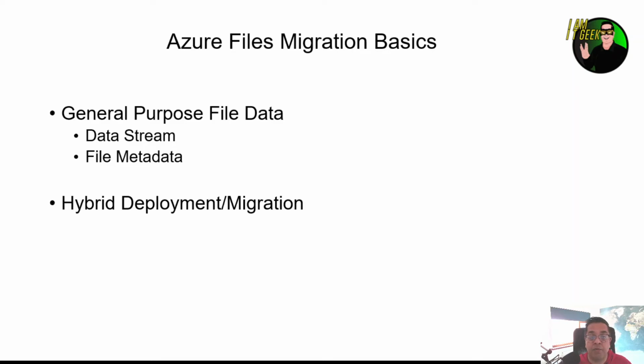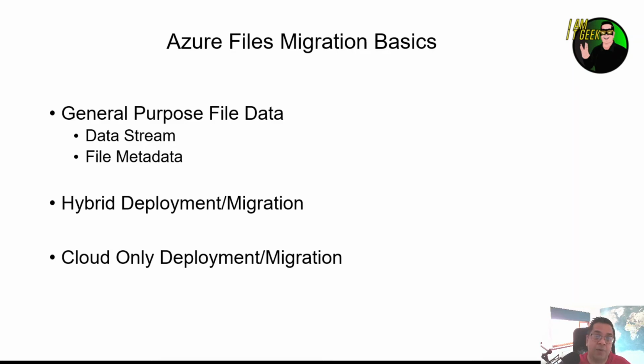And then we move on to a more cloud-only deployment and migration. This is where, for example, with applications, everything goes up to the cloud: the application and the backend data. The backend data goes into an Azure file share, and then the application might go into Microsoft Cloud somewhere, or it might even be a virtual machine that you migrate up to Azure and use the infrastructure side of it.